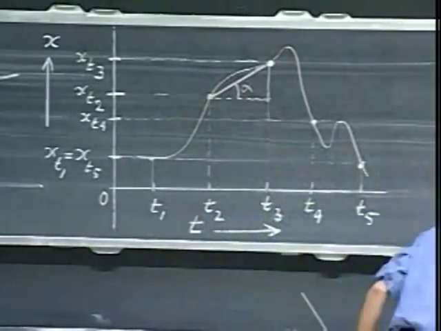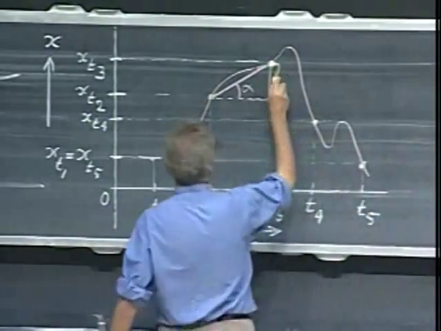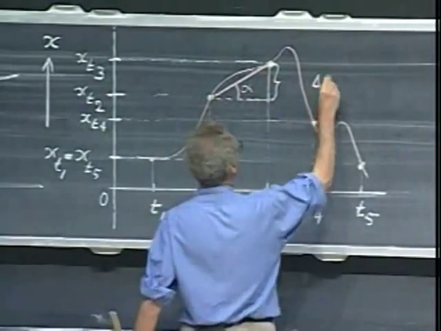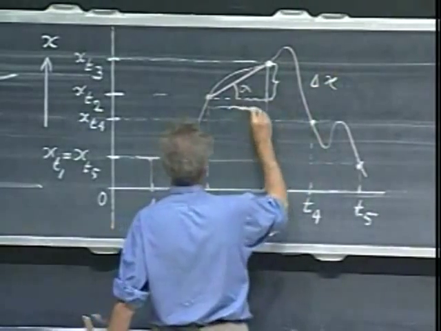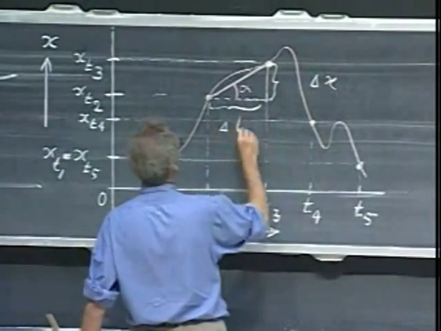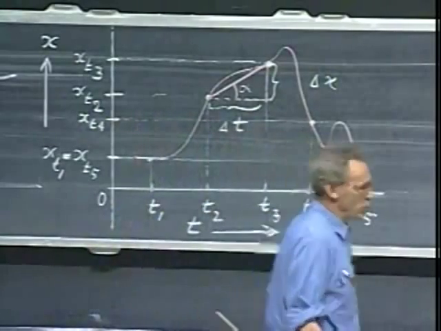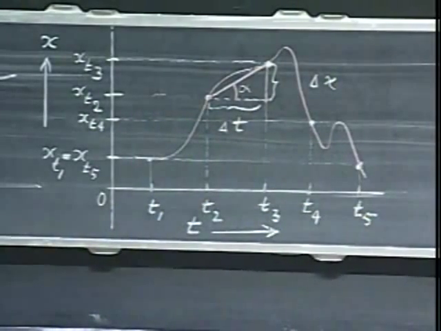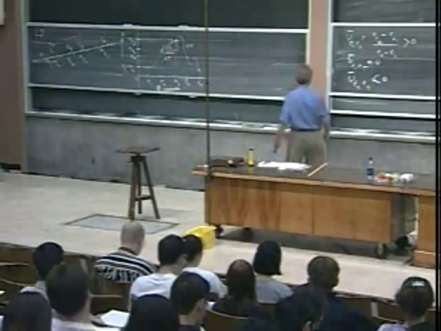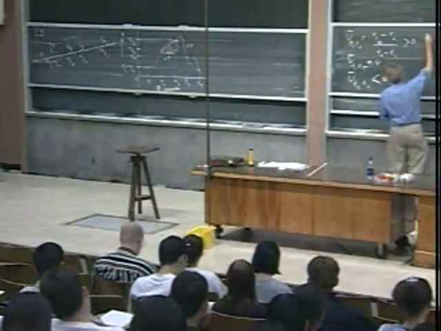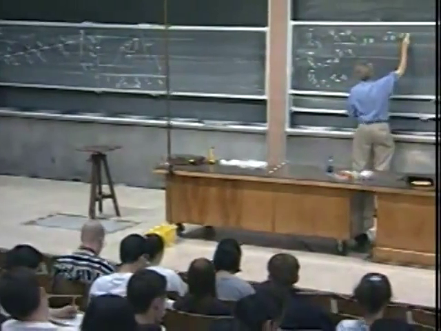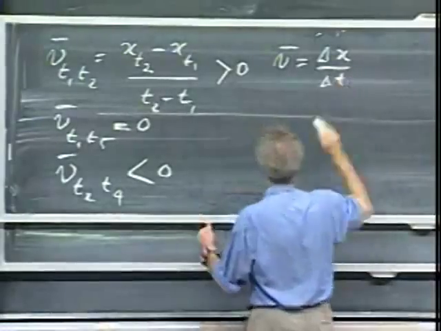And this part here I call delta x. And this here is delta t. And so you could write now, if you're careful about your sign convention, that the average velocity equals delta x divided by delta t.